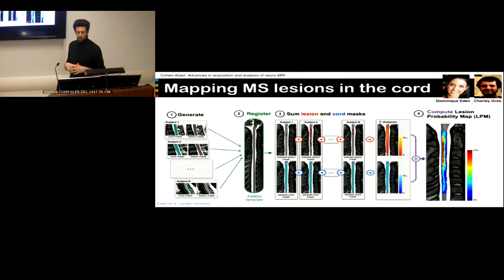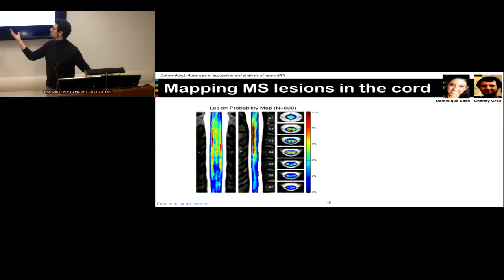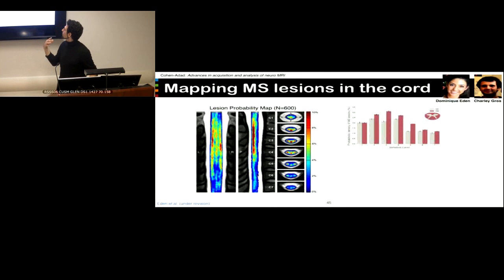So we had a rough idea of the distribution of MS lesions in the past, thanks to histopathological work, but we did not really have that from in vivo patients. So the goal of this work was really to obtain this probabilistic map and see where lesions mostly appear in MS patients and how we could explain their disability depending on the phenotypes.